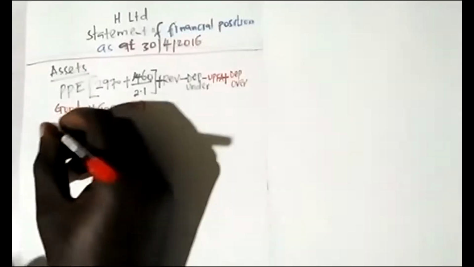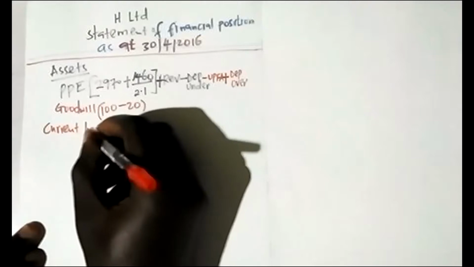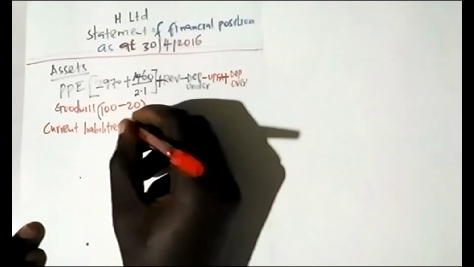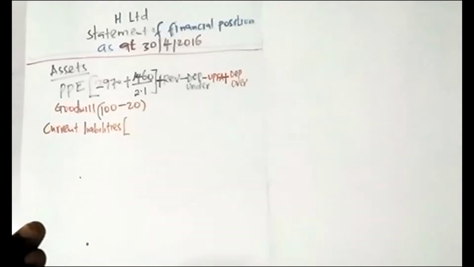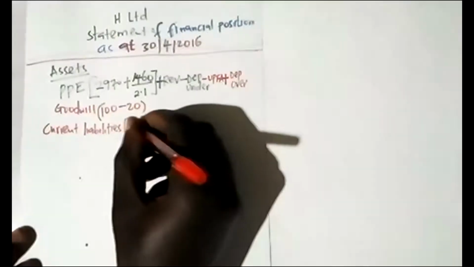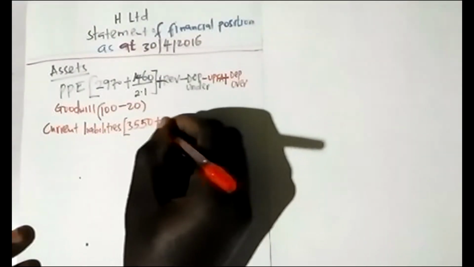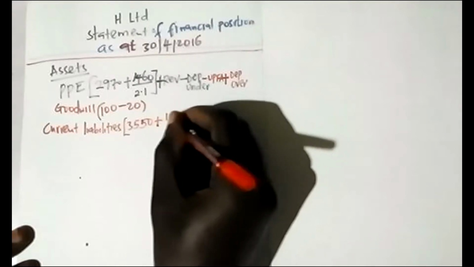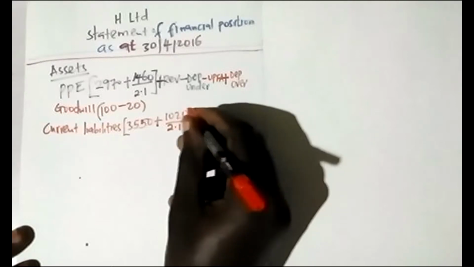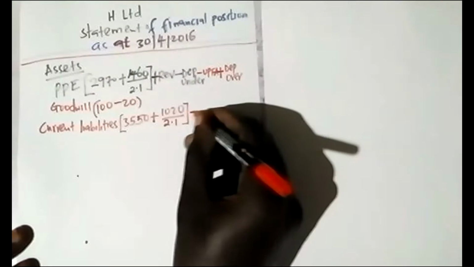So the next thing I will move to is current liabilities. So under current liabilities, we have 3530, 3550 plus 1020. Obviously, this one I could have divided by 2.1. Then I have to minus the 6.